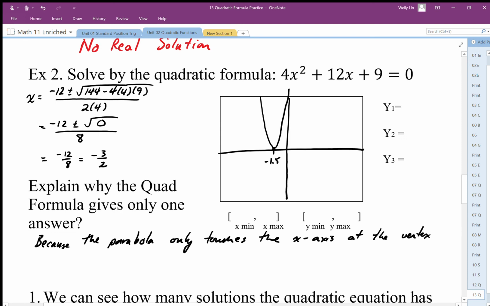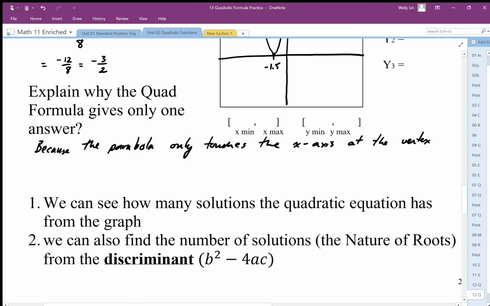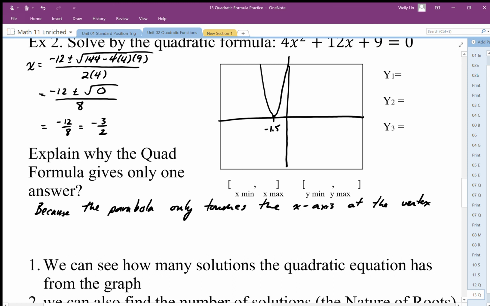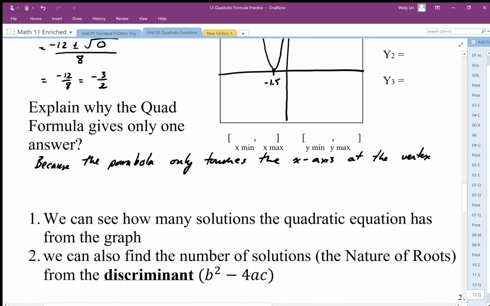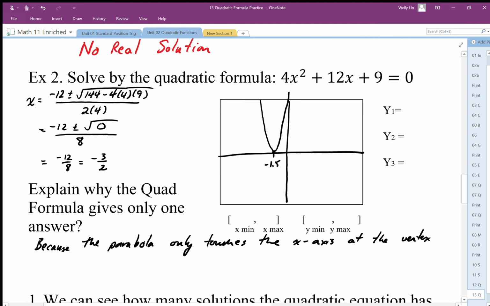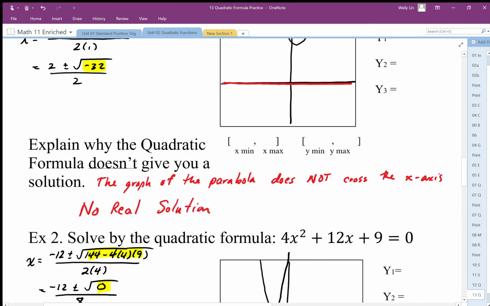So the shape of the graph gives us an idea of why we get the solutions that we do. We can see how many solutions a quadratic equation has from the graph, and not only that, the discriminant, which is the inside part of the quadratic formula, gives an idea of what types of solutions we have.